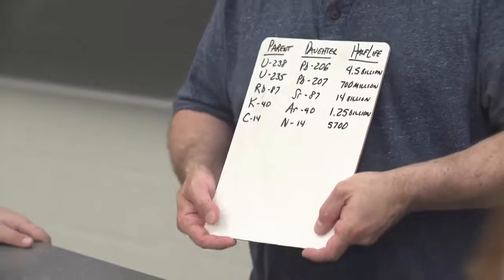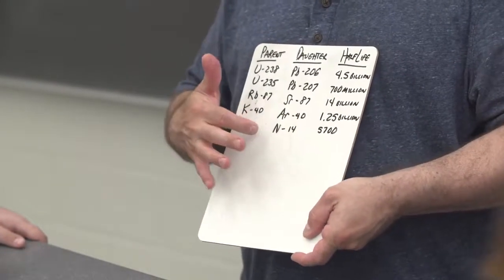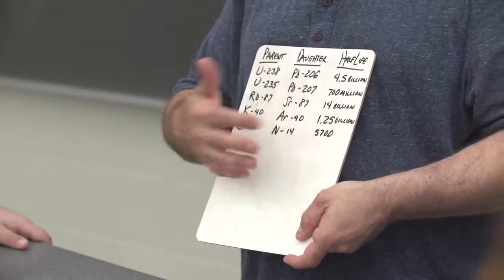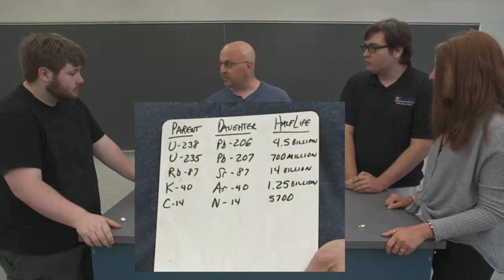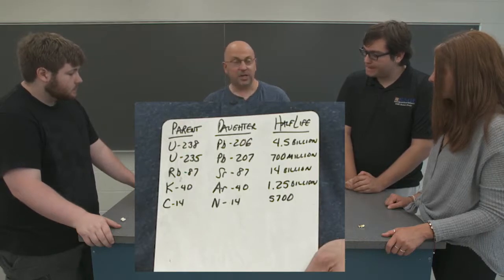Now, one of them is not very old, the carbon-14 and the nitrogen-14. This has a very short half-life, only 5,700 years.